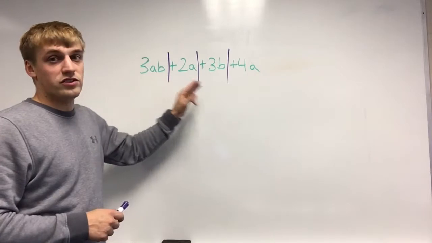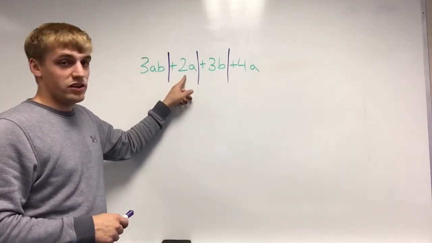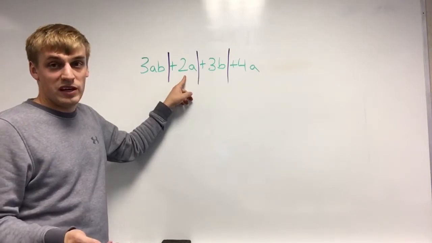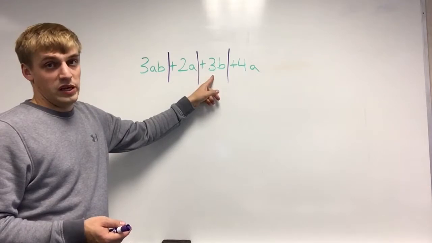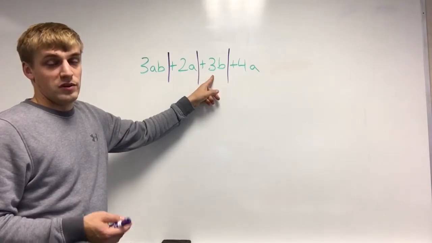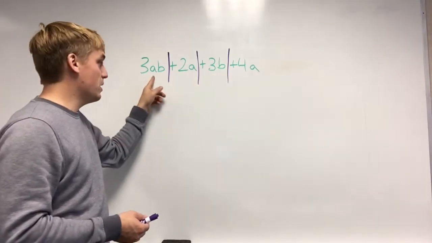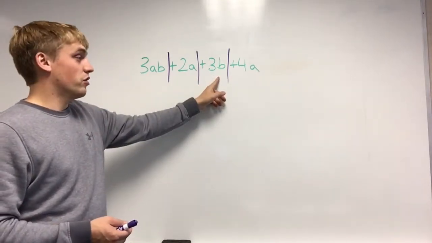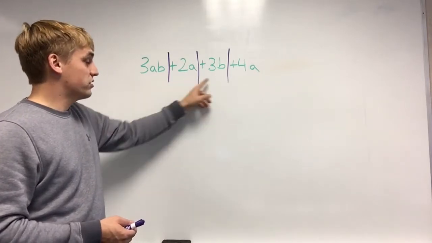Does any of the other terms have AB in them? Well, this second term has an A, but it doesn't have a B, so they're not like terms. And this third term has a B, but doesn't have an A with it. So it's not AB like the first term. So the third term is not like terms with the first term.